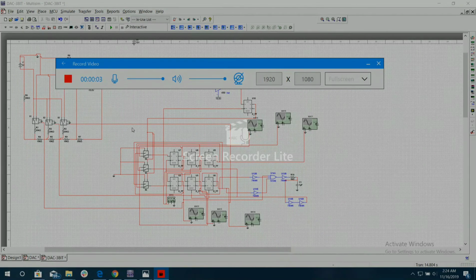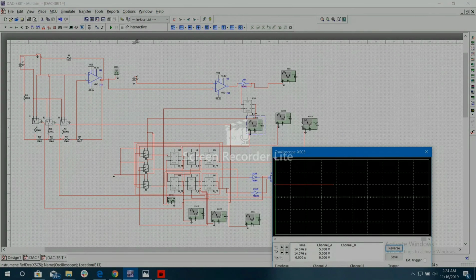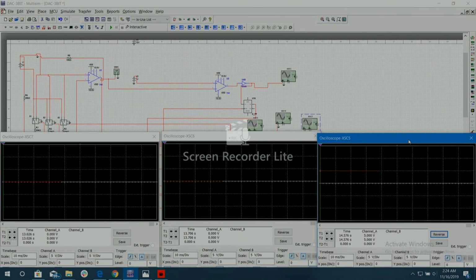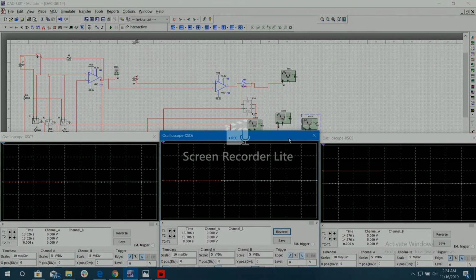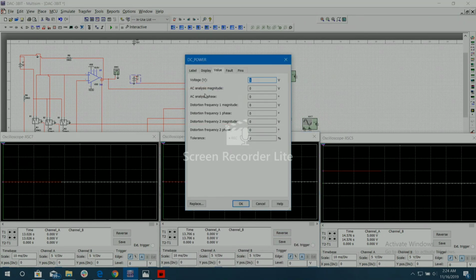Now let us run the simulation and see the results. This is the LSB, this is the middle one, and this is the MSB. So we shall give 3.5 and see the results.